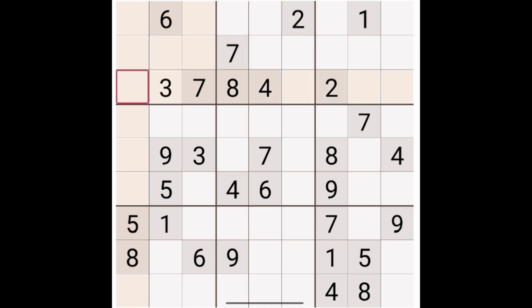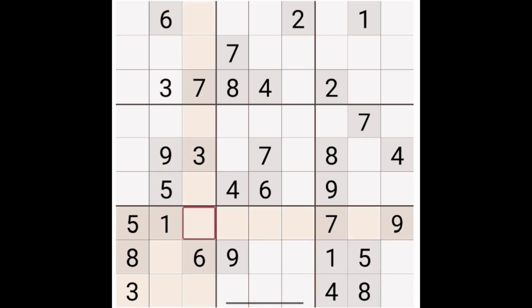In these 3 cells 3 cannot come, as 3 is just next to it. Now in these 3 cells also you cannot write 3, because 3 is there just next to 9. So we have to fill this place with 3. I hope you understand.